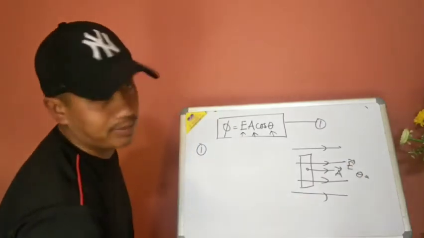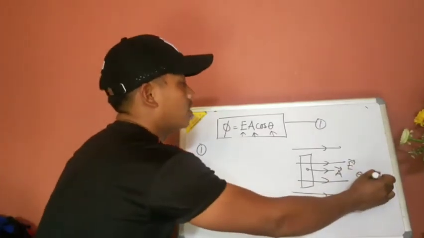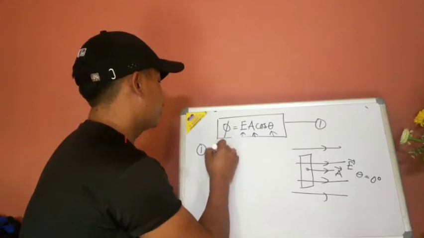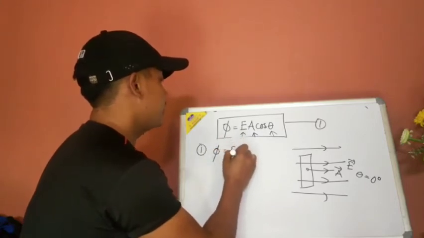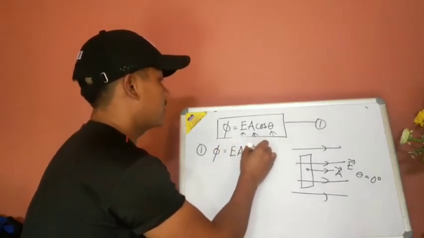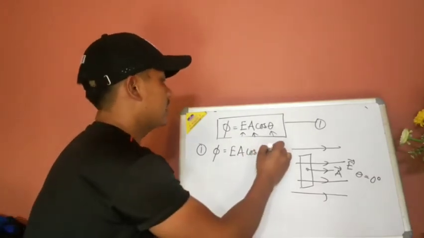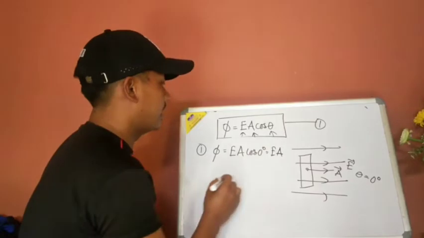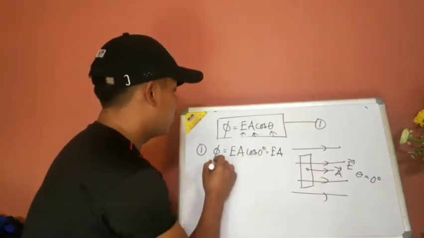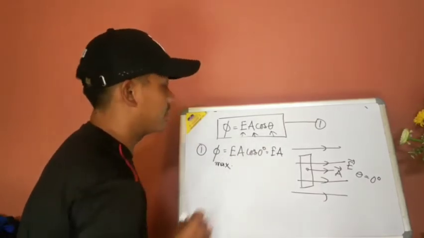Theta is 0 degree, since they are in the same direction. That's why your phi will be EA cos 0 degree. Cos 0 is 1, so phi is EA, and this value of EA will be maximum.